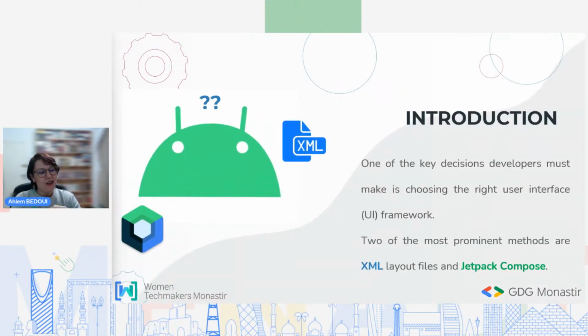When it comes to Android app development, one of the key decisions developers must make is choosing the right user interface framework. Each one has its own advantages and disadvantages. There are many, but I will mention the two most popular ones, which are XML and Jetpack Compose.